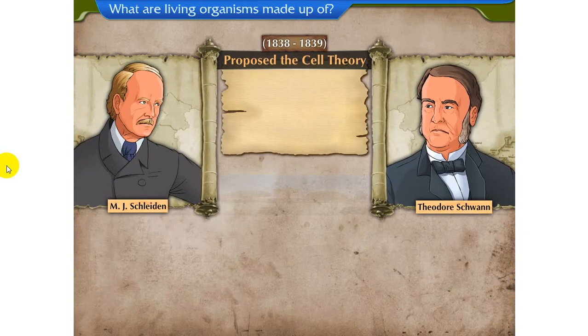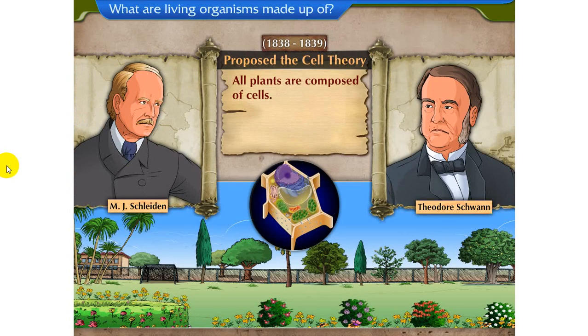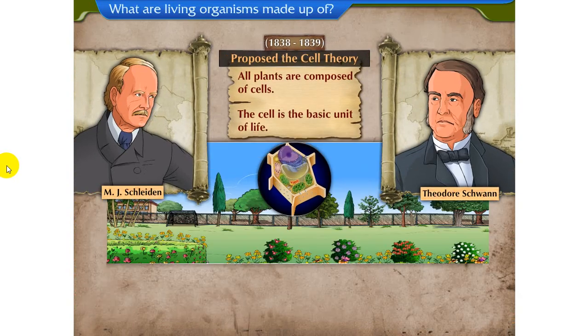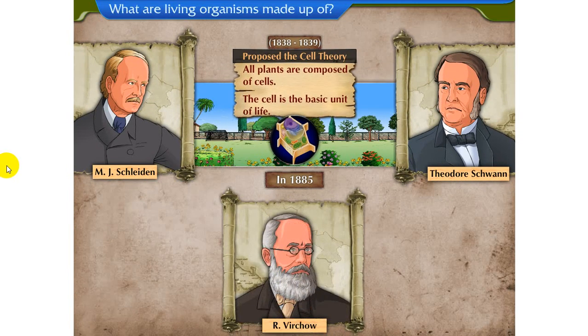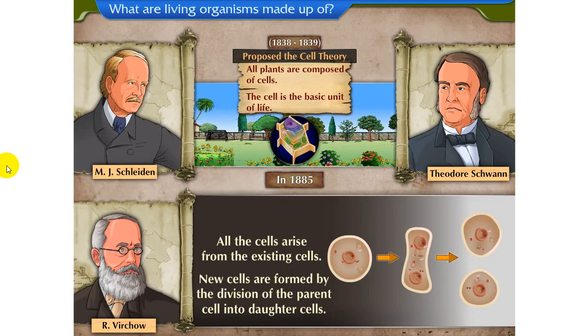According to this theory, all plants and animals are composed of cells. The cell is the basic unit of life. In 1855, R. Virchow modified this theory, saying that all cells arise from existing cells. New cells are formed by the division of the parent cell into two daughter cells.